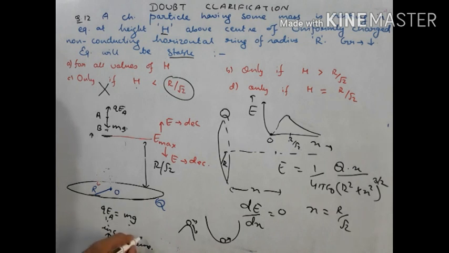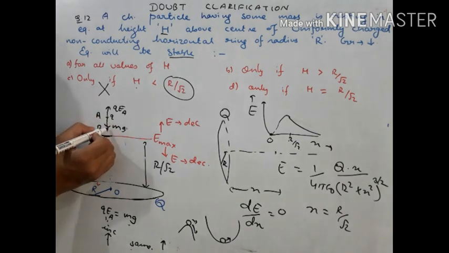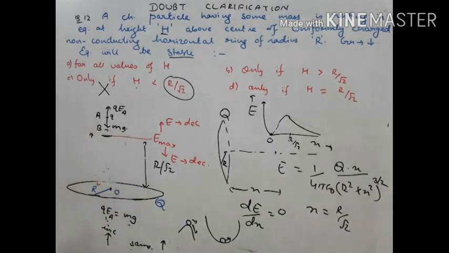So what will happen to the net force? Earlier it was 0, but now the net force will be in upward direction. If net force is in upward direction, this charged particle Q, if you try to bring it to B, net force becomes in upward direction, so it will come back to the point A. Is this clear, students? That's why this equilibrium can be a stable equilibrium.